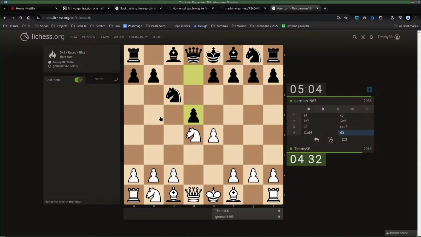I'm inclined to pin the knight, because then I have my own thread. The thread's not even good enough. If I take here, it takes my queen, take back. Okay, I got a piece, so he has to take back, and then he loses the rook. However, he has the check here, but my bishop is defended, so I can just put a bishop here. Queen has to move again, and then I can still do this, or let's try this.